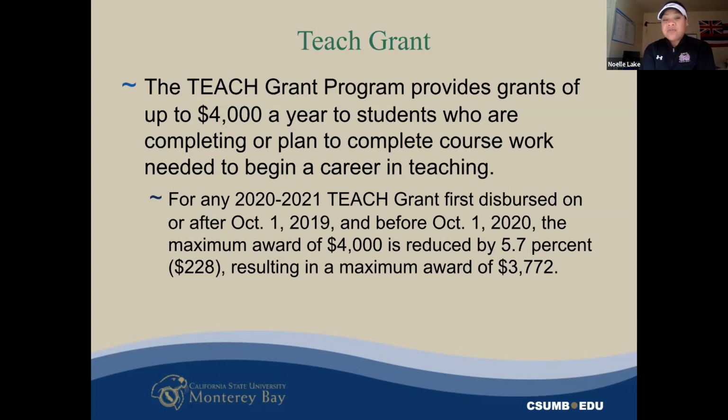What that origination fee means on the bottom where it says October 1st, 2020, the origination fees always change every year after October 1st. So what does that mean on the Teach Grant? So if you are pursuing your business major, no longer want to go in credential, basically this Teach Grant will change to an unsubsidized loan that's already been dispersed.